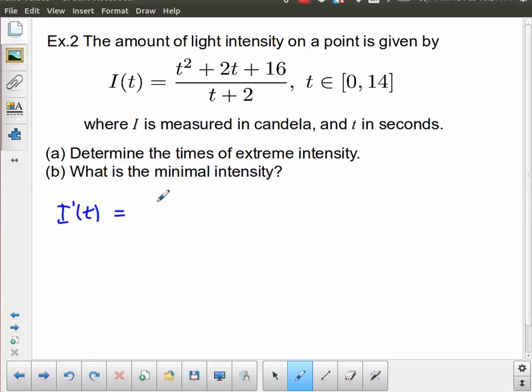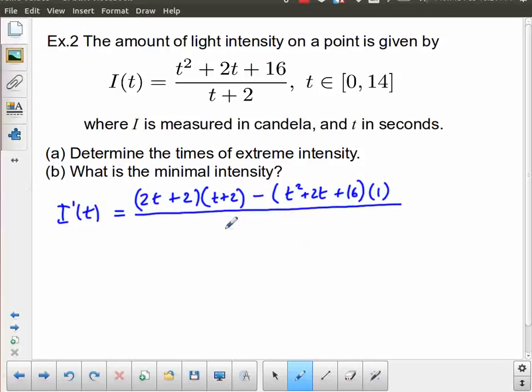derivative of the numerator, so that's 2t plus 2, multiplied by the denominator unchanged, minus the numerator t squared plus 2t plus 16, multiplied by the derivative of the denominator, which is simply equal to 1, all divided by the denominator all squared.